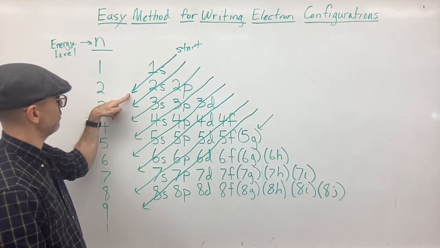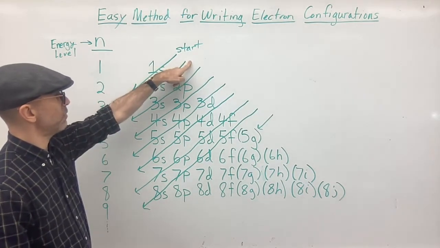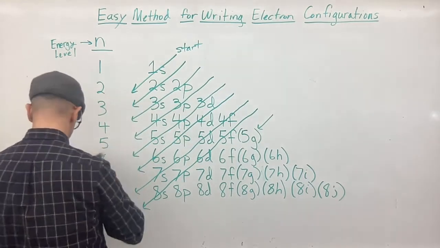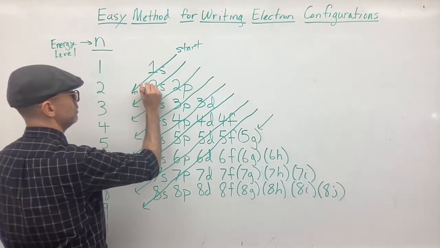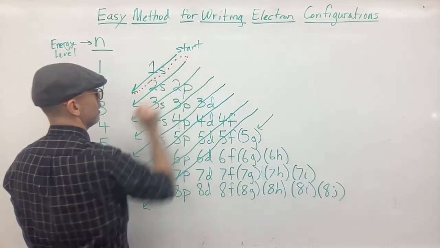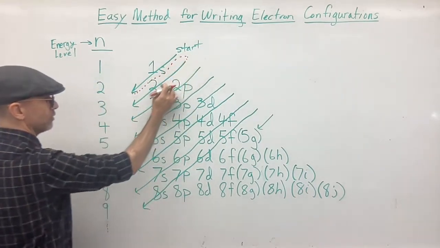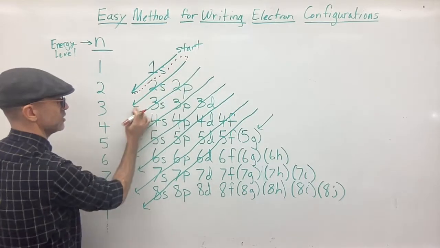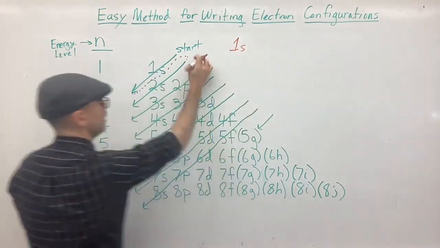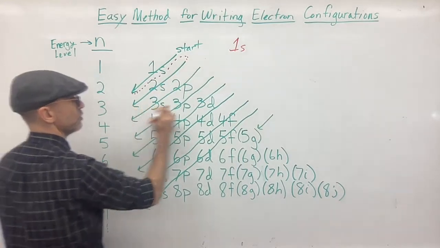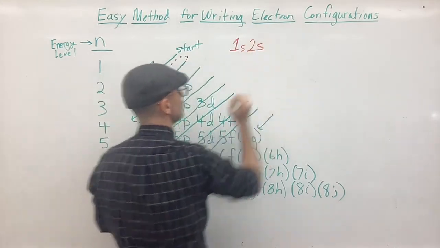Now that I'm at the end of that arrow, I go back to the top of the next arrow and go down this way. So next is the 2s. Let me write that out. First is the 1s, and then the 2s is next.